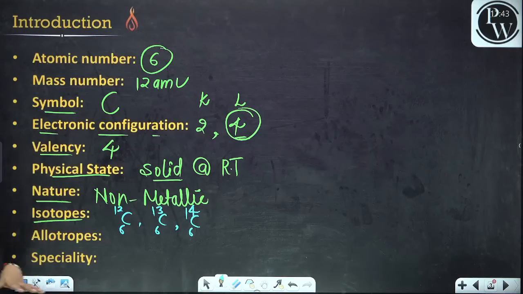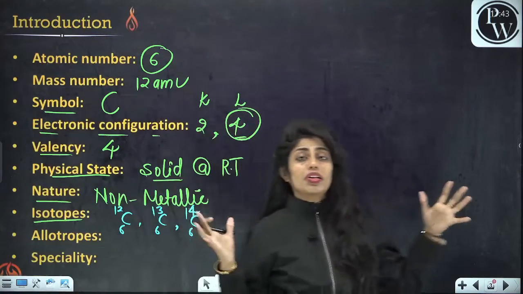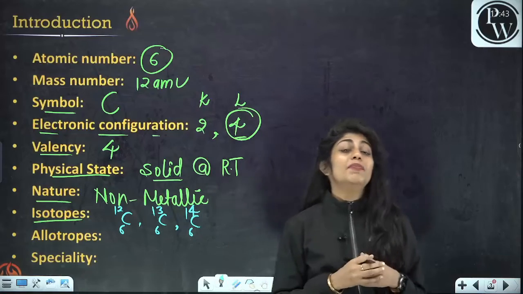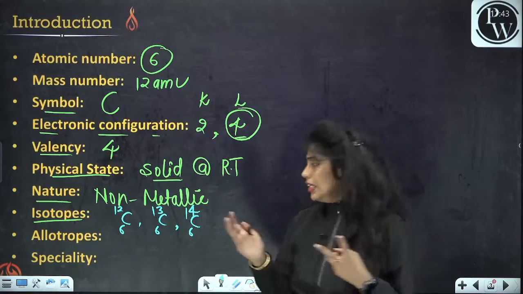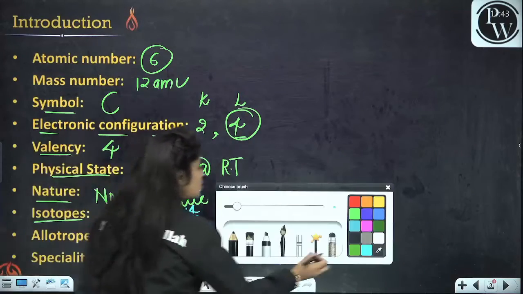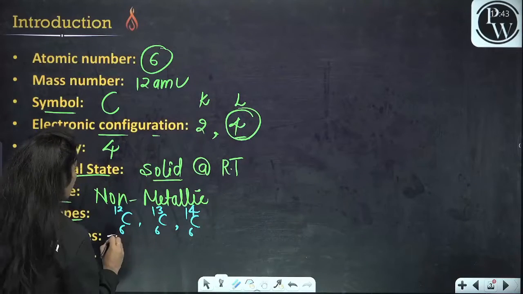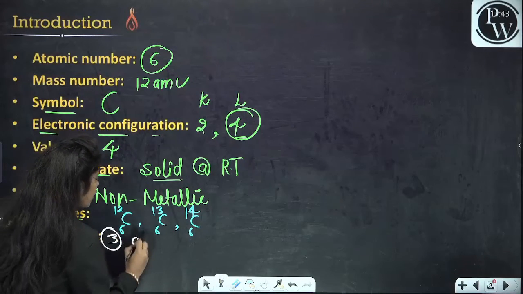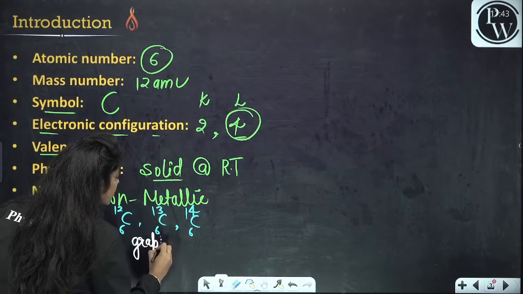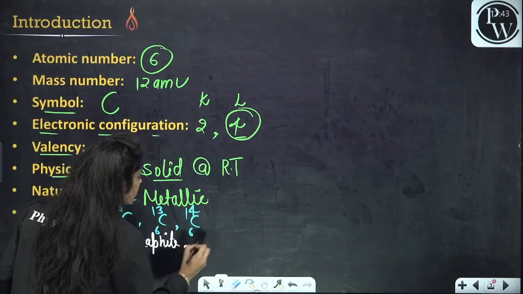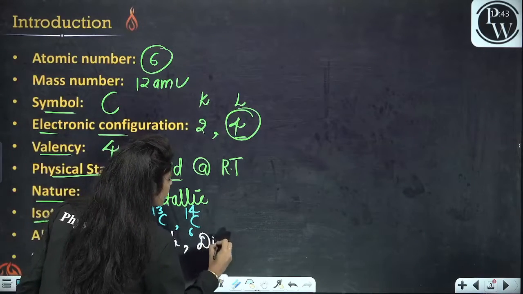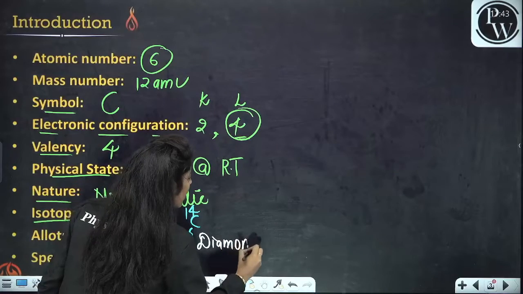Next is the allotropes. We are going to know what allotropes are in a moment, but according to our syllabus, we have 3 allotropic forms of carbon. One is graphite, then we have diamond and fullerene.